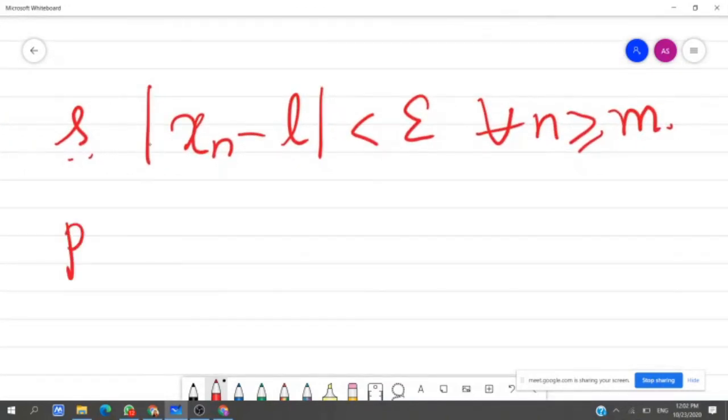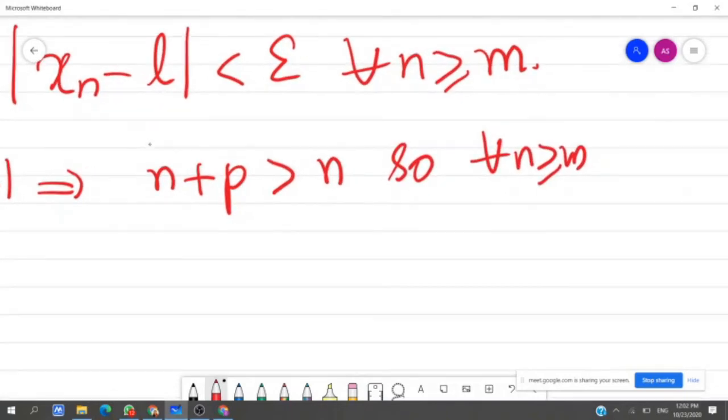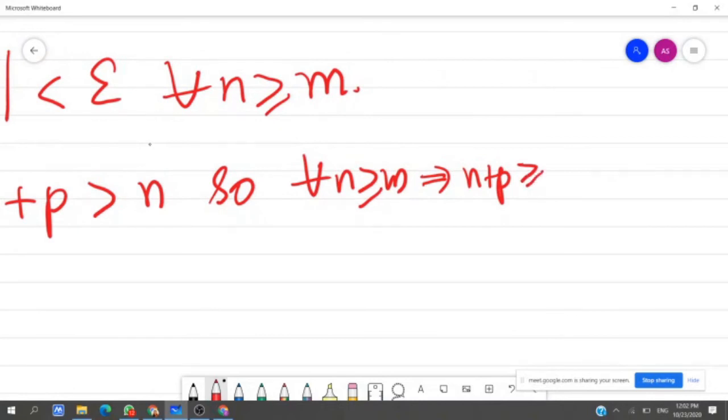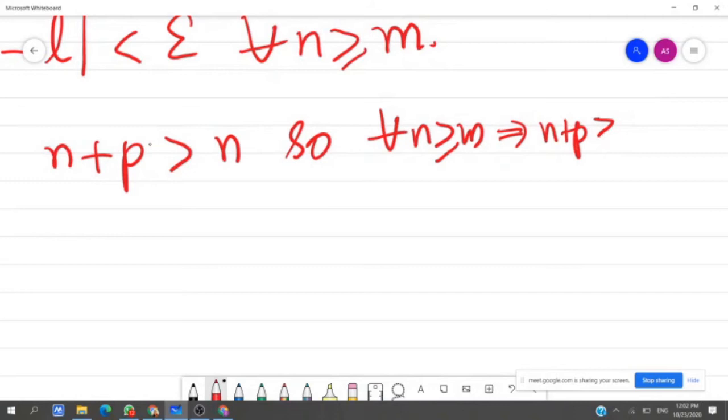Since p is greater than or equal to 1, when n is greater than or equal to m, n plus p is clearly bigger than n. So for all n greater than or equal to m, we have n plus p also greater than or equal to m, because n plus p is bigger than n and n is bigger than or equal to m.